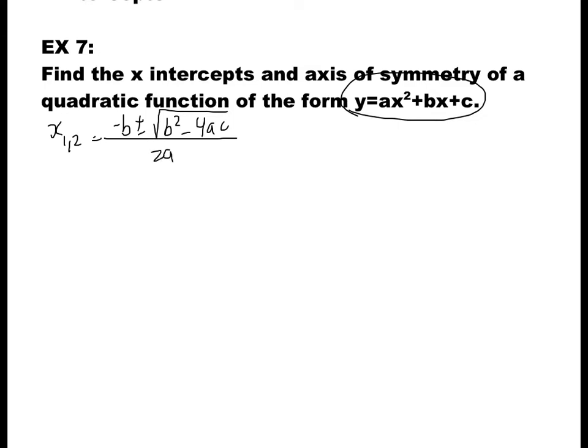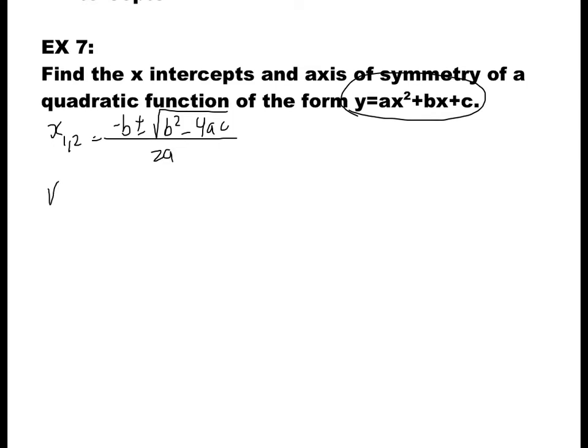Now, if you remember, to find the axis of symmetry, I'm going to add the two x-intercepts and then divide by 2. This is going to give me the x coordinate of the vertex.